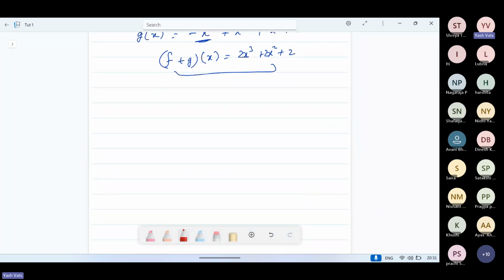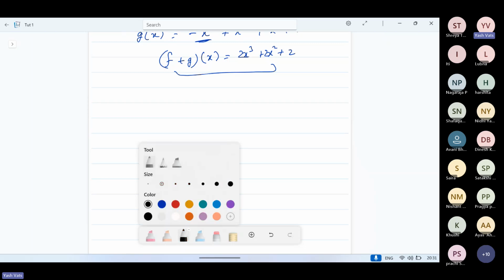Let me go to other questions. I will write two more questions and then ask about the groups. Okay, so the another question in the box is this.